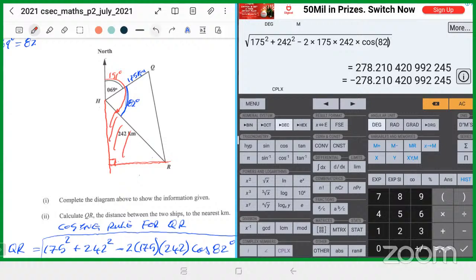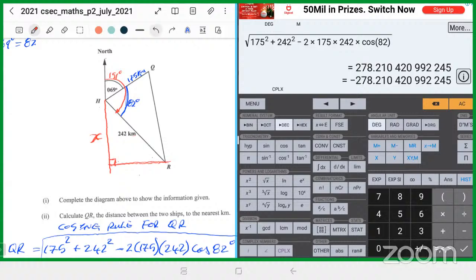And remember, the question is asking us for this distance, which I'll just call X. So X is the distance due south, and we're trying to find this X over here. So we have to work in this right angle triangle. Because it's a right angle triangle, we can use SOH CAH TOA, and we can use Pythagoras' theorem.